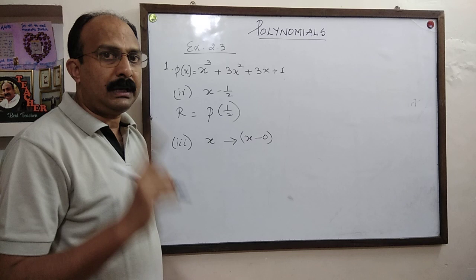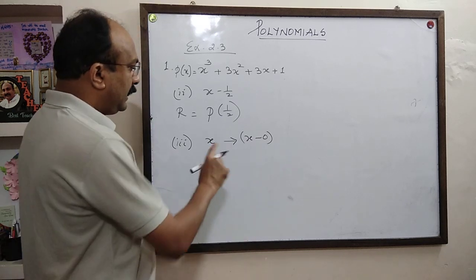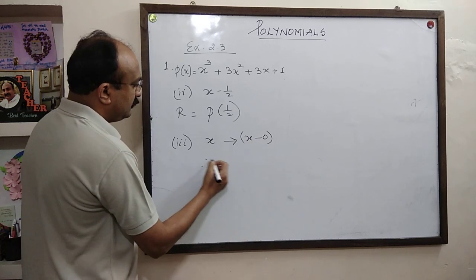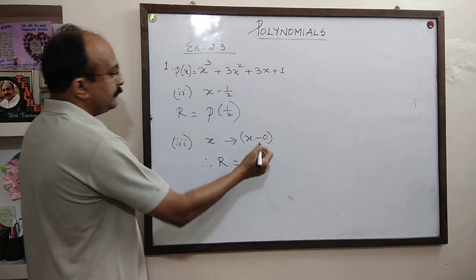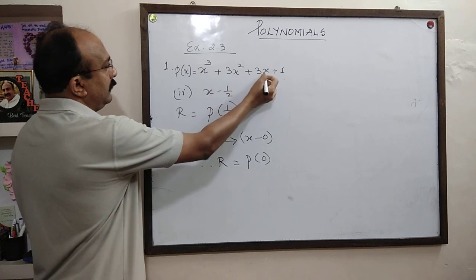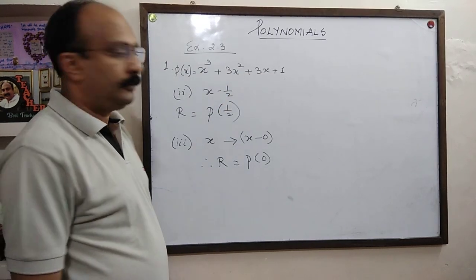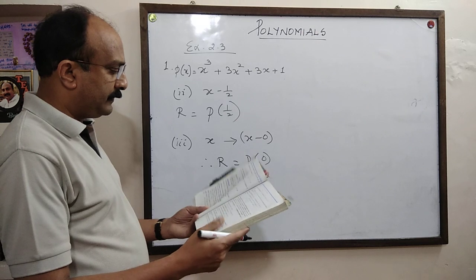So what will be the remainder? Remainder will be p of 0. Put 0 everywhere in place of x.